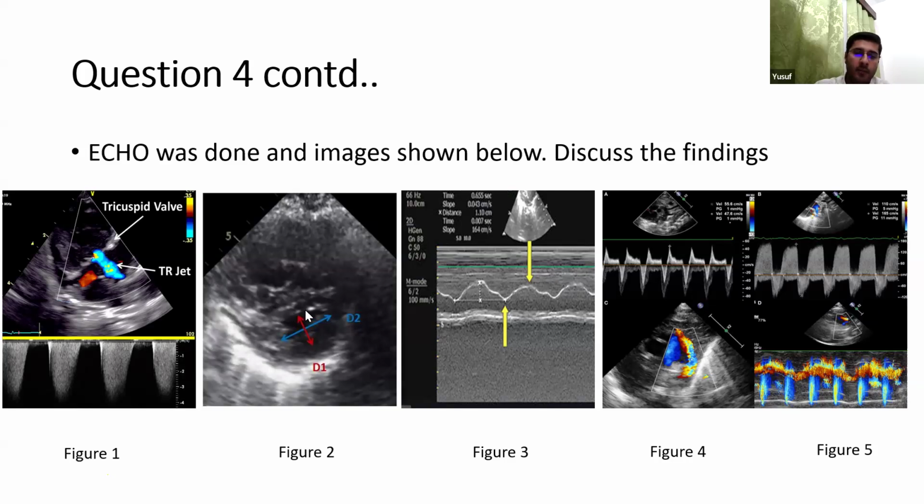This is the interventricular septum, and we are measuring the dimension in the systolic phase, so it is the systolic eccentricity index. At end systole, we measure this diameter between the two muscles, and then we measure from the free wall of the left ventricle and the intraventricular septum.